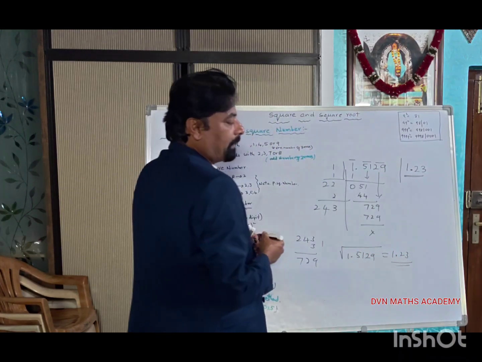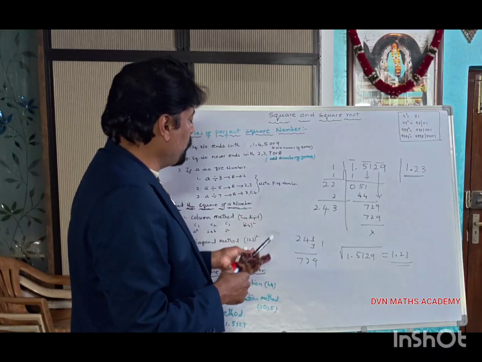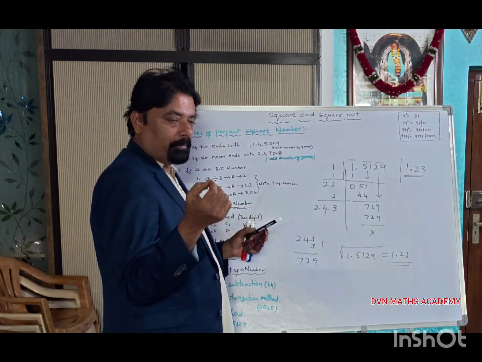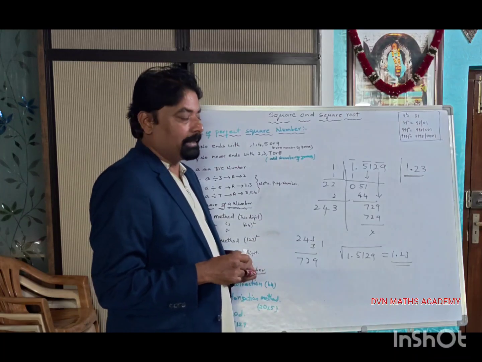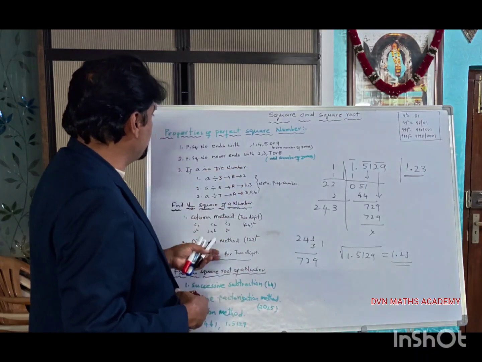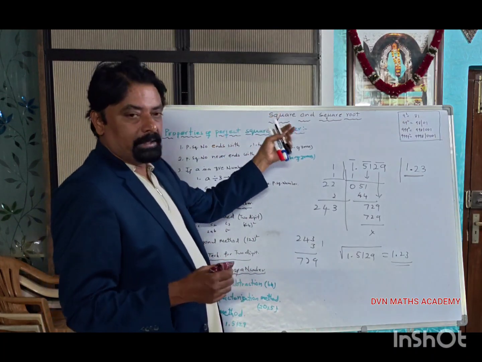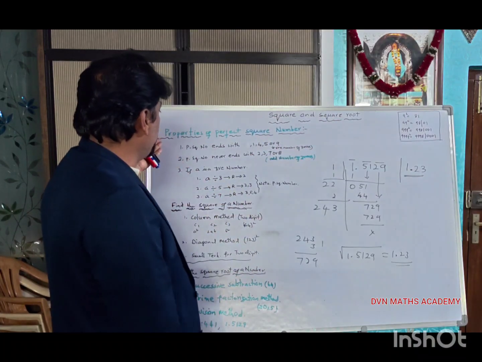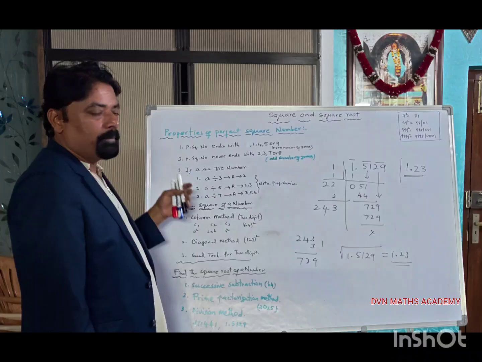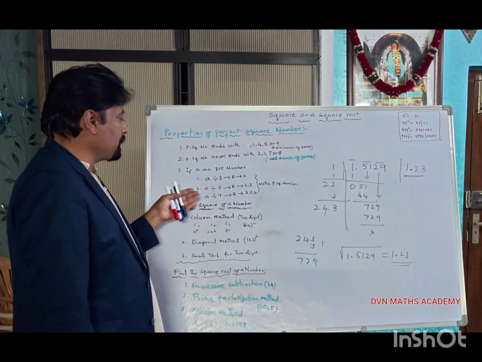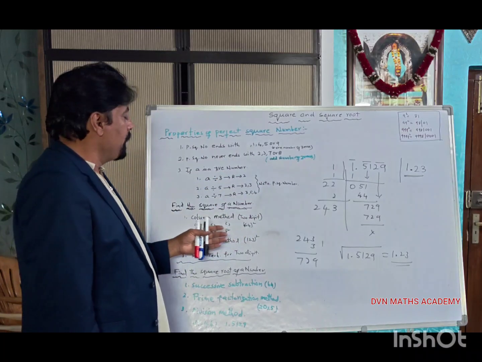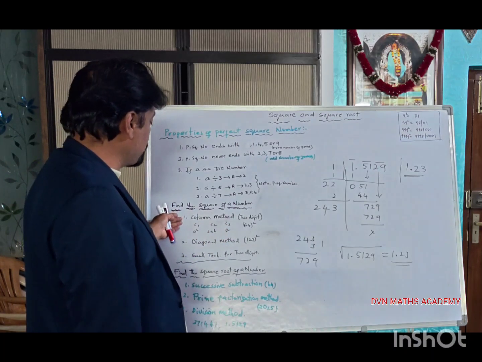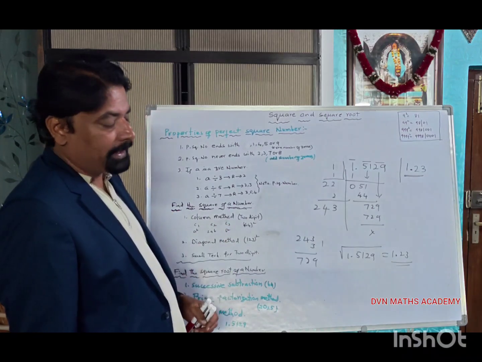So this is one of the interesting methods. If you practice more, you can find the square root of any big number within some minutes only. These are the important points for squares and square roots. First we learned about the properties of perfect square numbers, and afterwards how to find the square of a number, in which I explained two methods: the column method and the diagonal method.